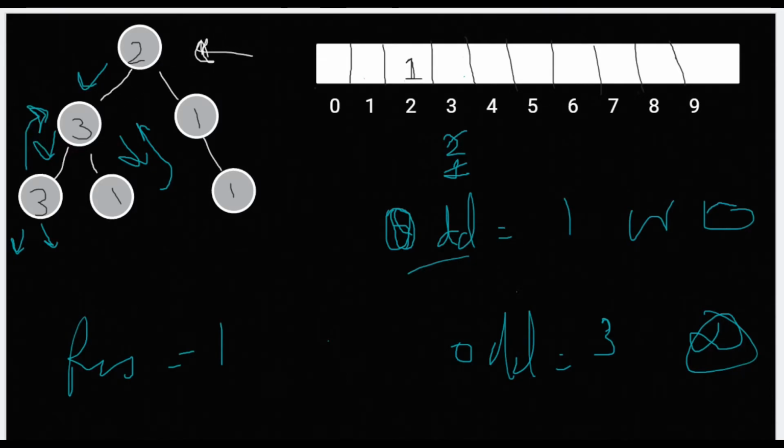Then I'll be going back to 2, and then I'll be moving towards its right child, right? I'll not be removing 2 since it is my root value, and of course I have a right child existing as well. So while there exists a right child, I will not be removing the value of my present root node.